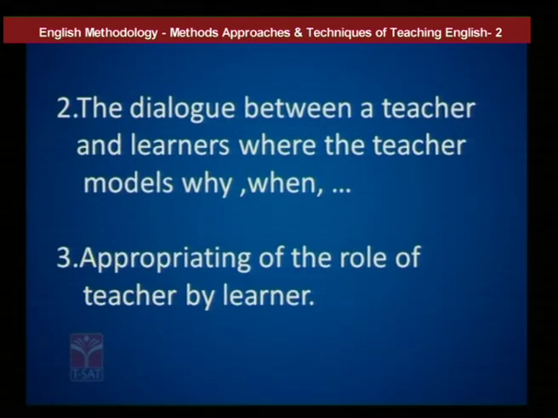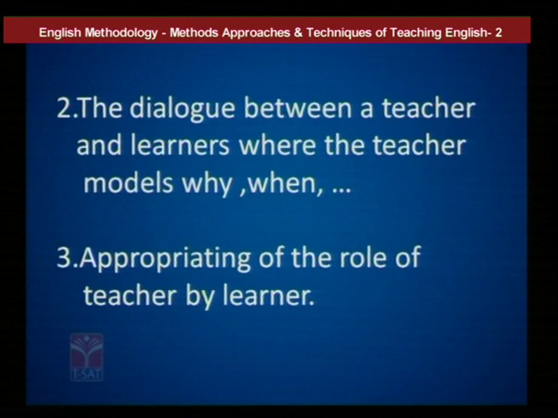The next point is about the appropriating of the roles of the teacher by the learners, that is, the learners begin to model the reading comprehension strategies for other learners. The goal of reciprocal teaching is for learners to learn reading comprehension strategies, learn how to use them, and become self-regulated in using these strategies.